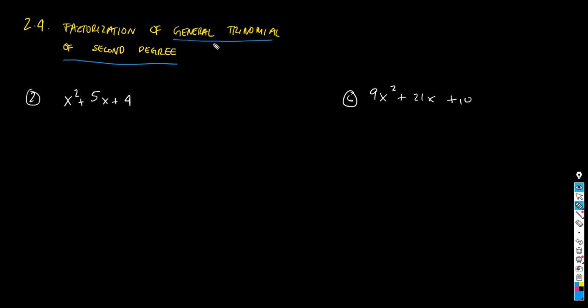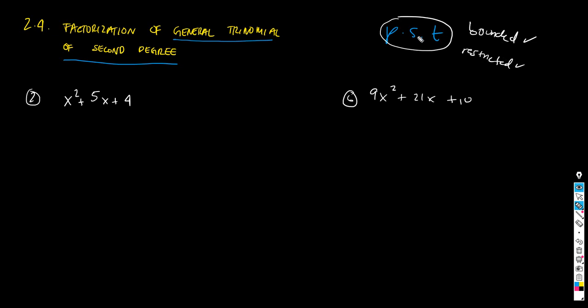What is the difference between this type of trinomial and something such as the perfect square trinomial? Both are trinomials, right? Well, the difference is that the perfect square trinomial is a more restricted type of trinomial.